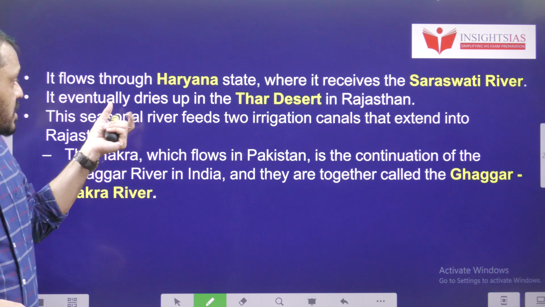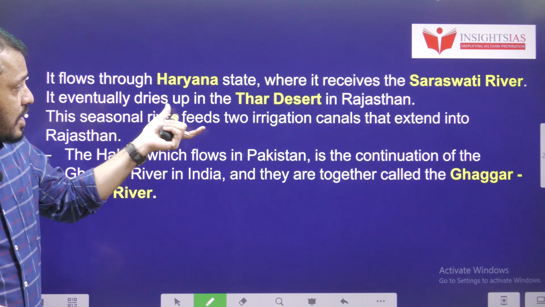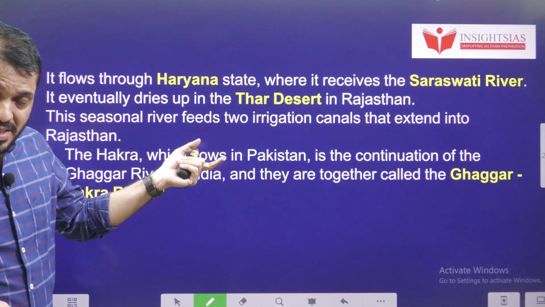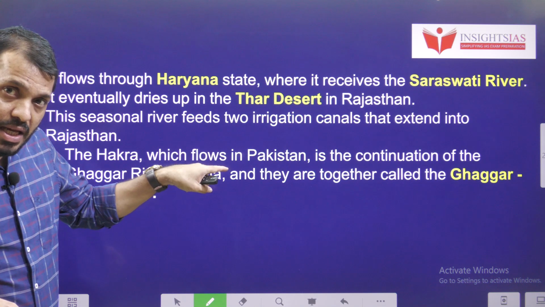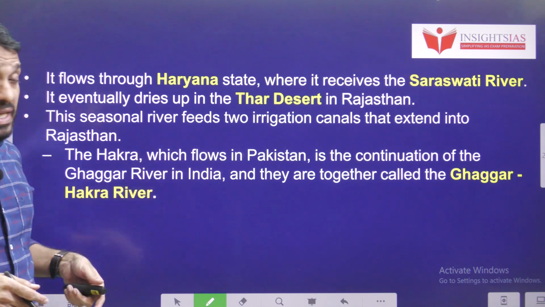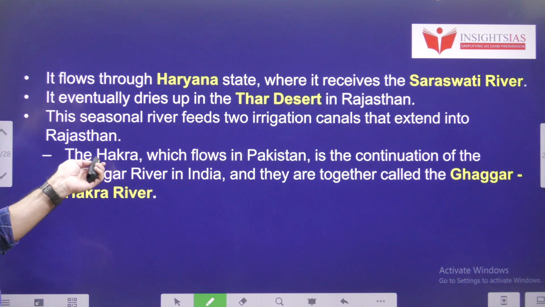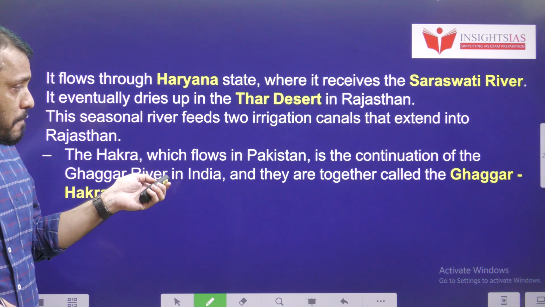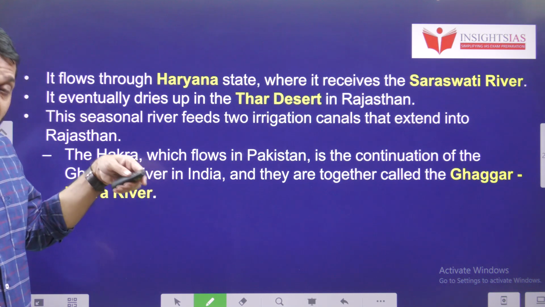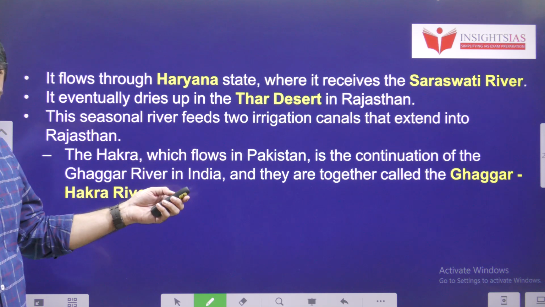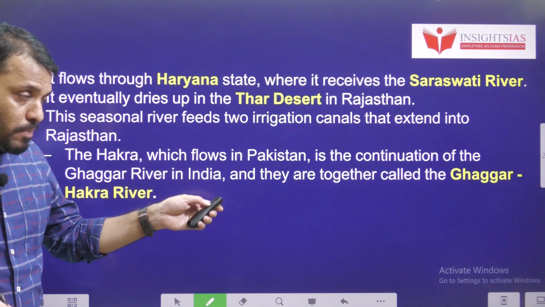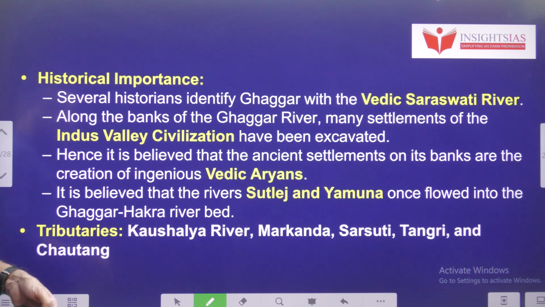In the rainy season, two rivers feed into this one, and the Ghaggar also gives water to irrigation canals such as the canal in Hakra. This Hakra further flows into Pakistan, which is why it is popularly known as the Ghaggar Hakra River.